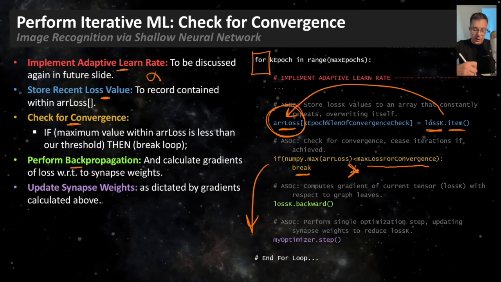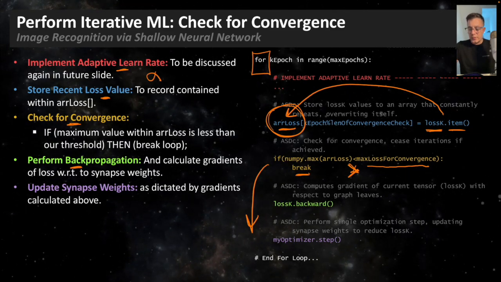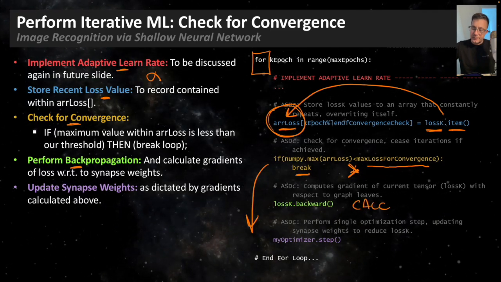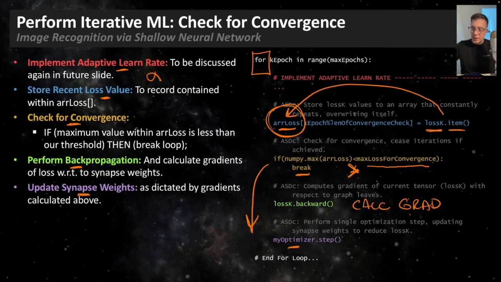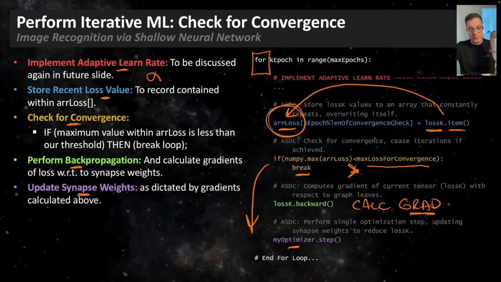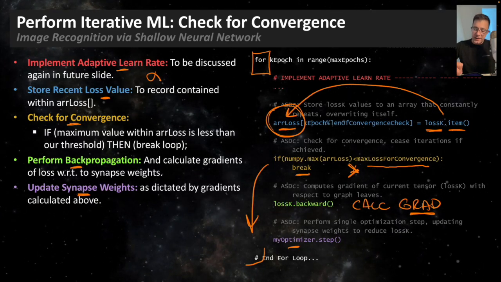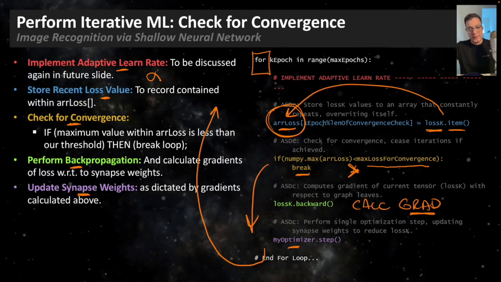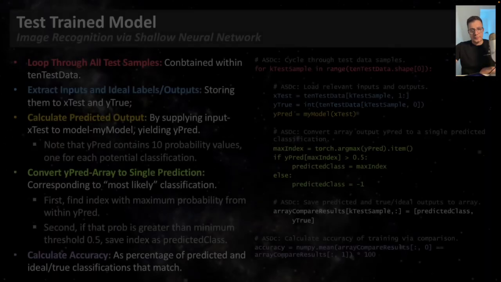That involves us performing back propagation and computing the gradient of the current loss tensor with respect to the graph leaves or with respect to the synapse weights. After that, the optimizer will employ that gradient to step the process forward or to update the synapse weights optimally. This is the end of the loop, and we have to return to the beginning, but hopefully with synapse weights that are slightly more optimal for this upcoming iteration as compared to the previous.